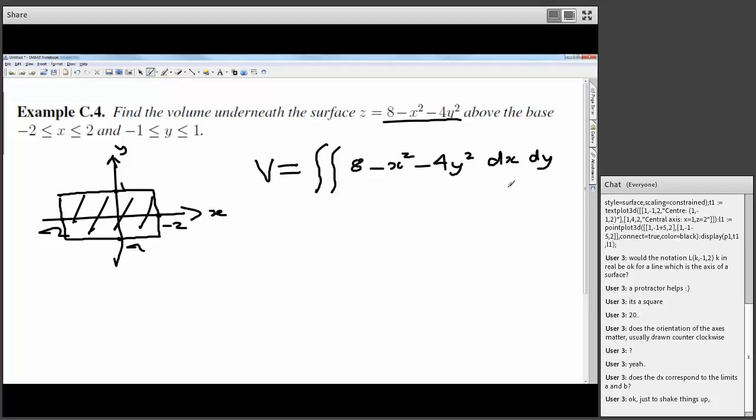It makes very little difference in this situation, and therefore when I put the limits down, the limits for x have to be on the inside one here. So x goes between -2 to 2, and the y's are from -1 to 1.